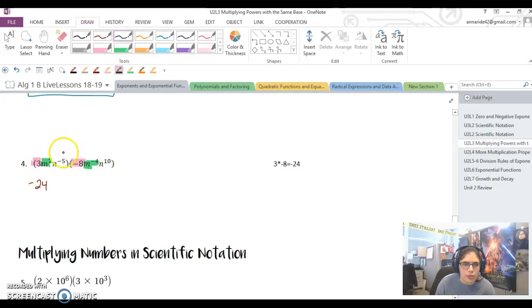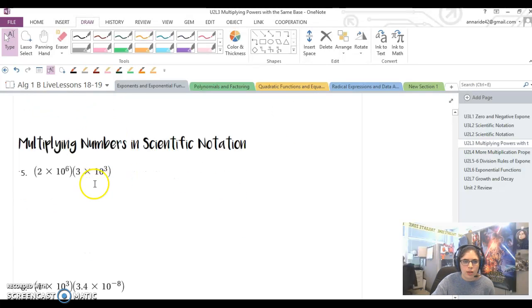So if I add 2 plus negative 4, that gives me m to the negative 2nd. Next, n to the negative 5th times n to the 10th, negative 5 plus 10 gives me n to the positive 5th power. So that would be my answer for that one. Pretty simple once you get the hang of it.